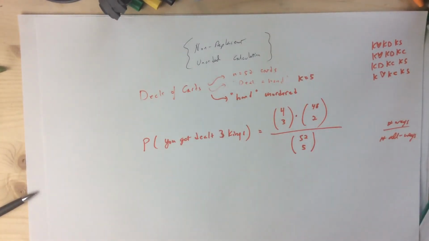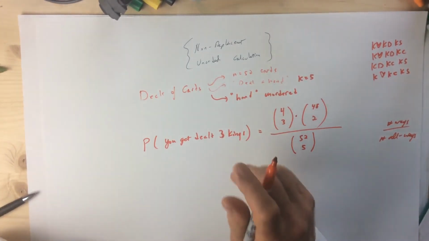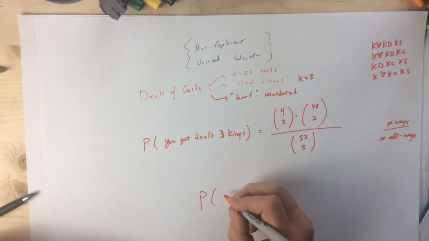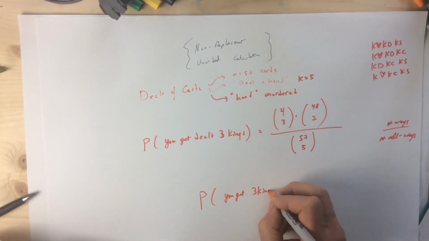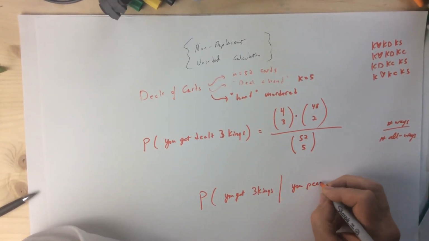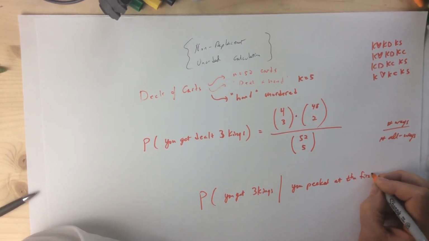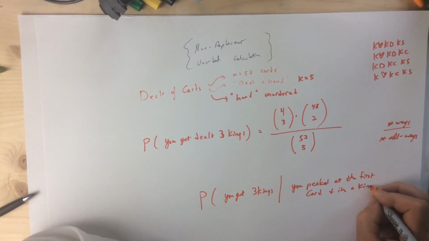So here's a probability of being dealt 3 kings. I'm going to close this with a very simple question of you that I want you to think about. It's not your homework. I'm going to email that. I'd like you to do the probability you get 3 kings given you peeked at the first card and it's a king.